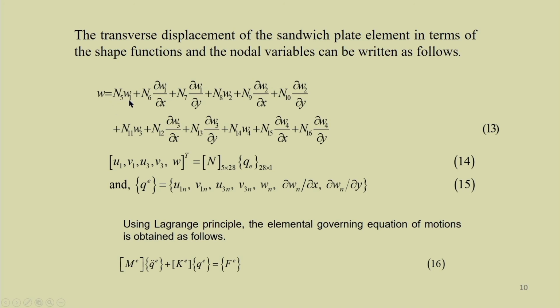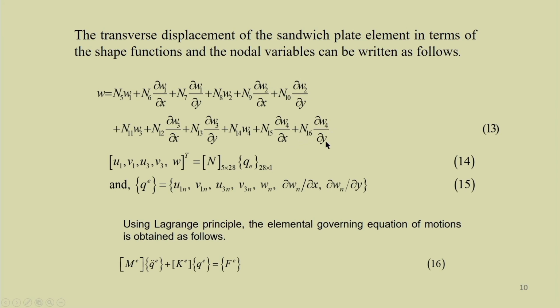W equal to N5 W1, N6 del W1 by del x, N7 del W1 by del y, N8 W2 plus N9 del W2 by del x plus N10 del W2 by del y plus N11 W3, N12 del W3 by del x plus N13 del W3 by del y, N14 W4 plus N15 del W4 by del x plus N16 del W4 by del y.